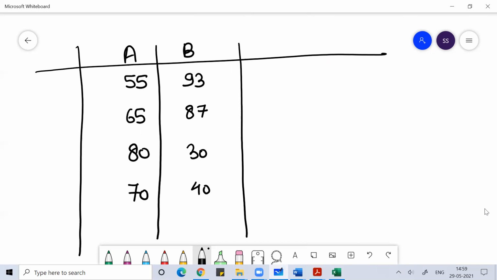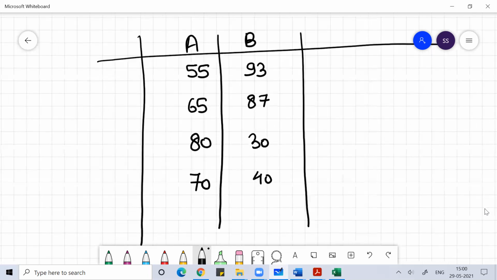I need to figure out which student is more consistent. For that, I need to find the coefficient of variation. Whichever student has the lesser coefficient of variation will have more consistency. The coefficient of variation is the standard deviation divided by the mean. Before finding the standard deviation, we can find the mean.